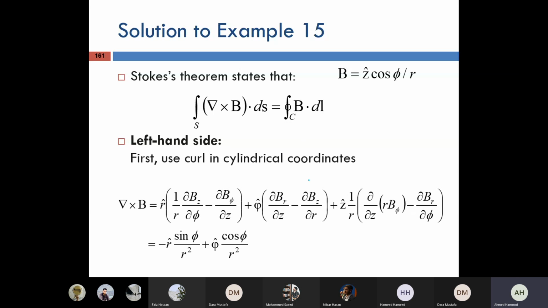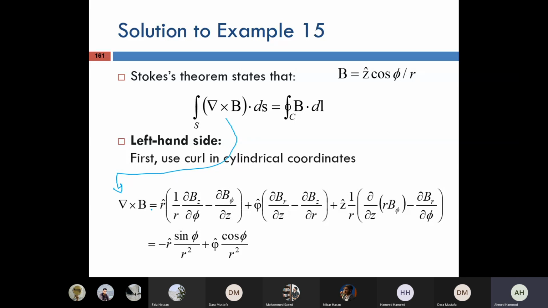So let's use what the Stokes theorem states. The left hand side is equal to delta cross B, and we have to put in the integration part. First of all we have to find delta cross B. How to find delta cross B? We have to use the curl equations, right?